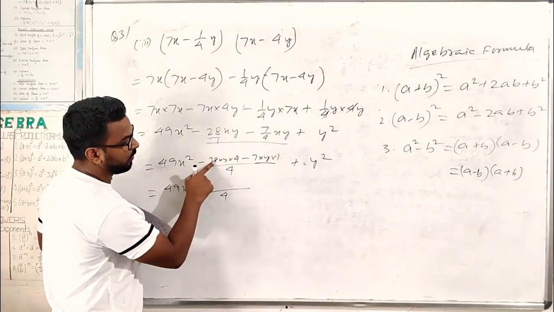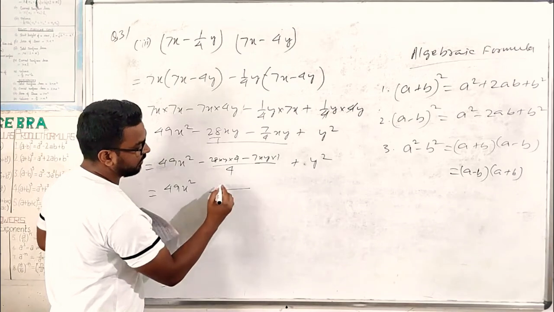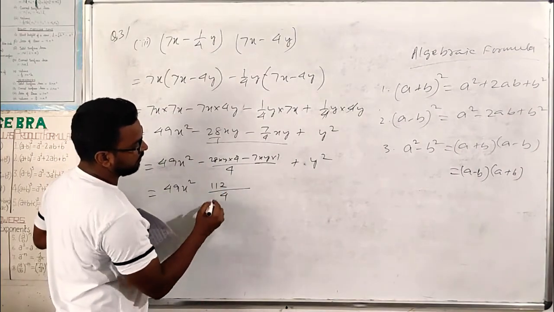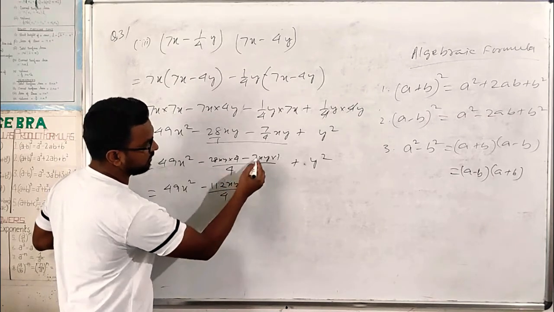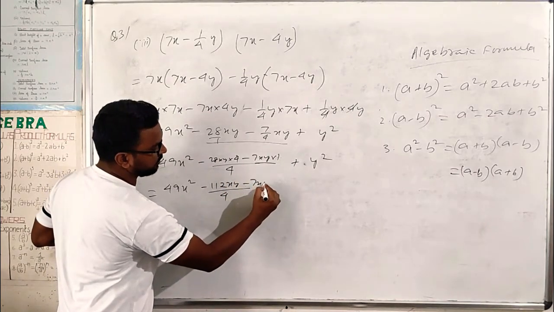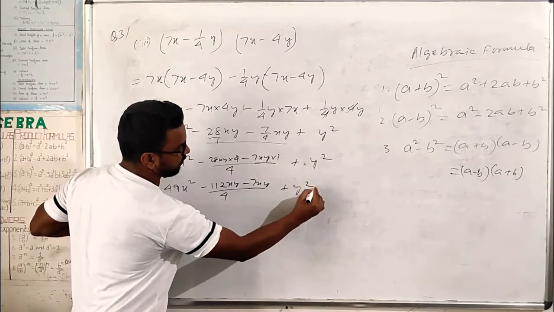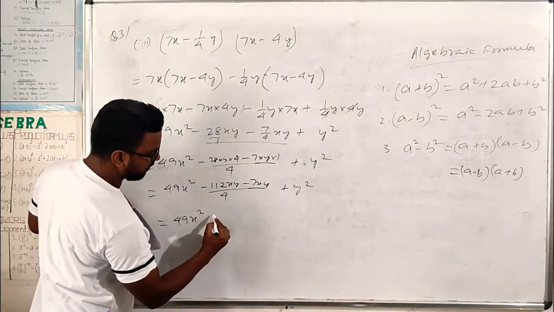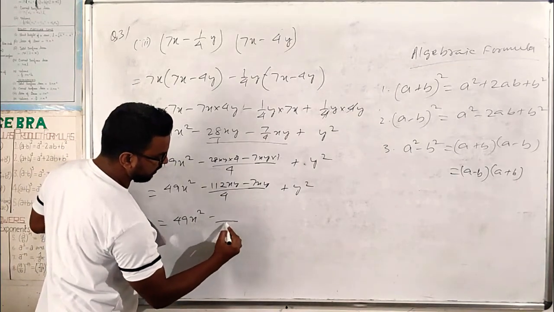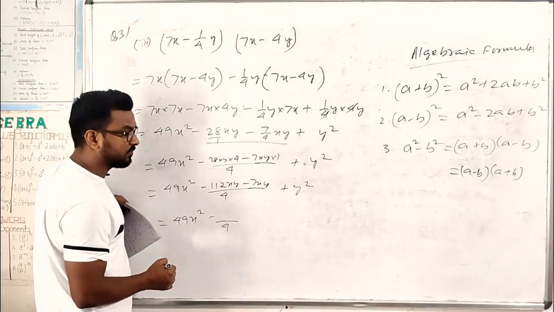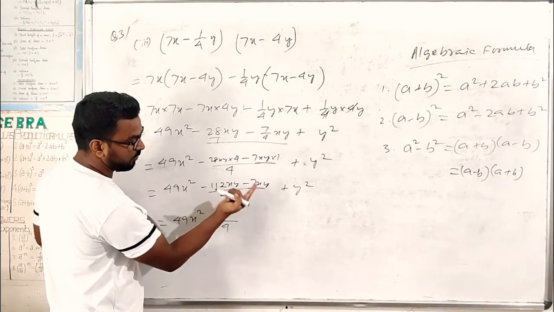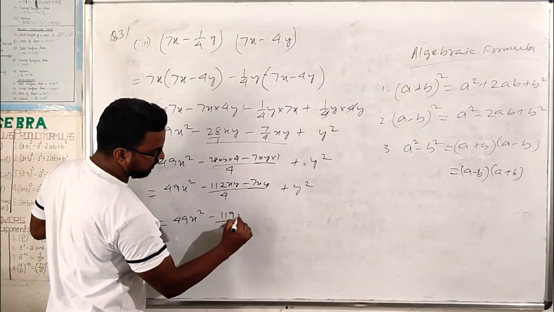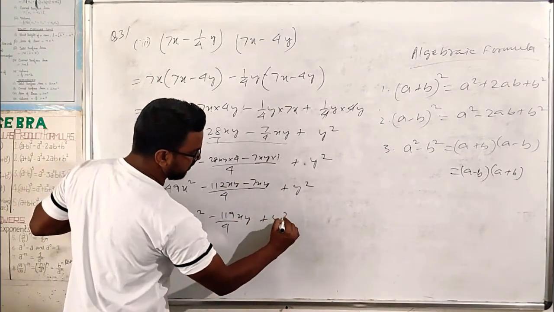So if you multiply 28 into 4, you will get 4 8s are 32. This will be 8 9 10 11. Okay, xy. This is minus here, minus 7xy plus y square. Fine. So this will be 49x square. This will be, both are minus, it will be minus sign, and denominator, that is LCM is 4. If you add minus minus it will be plus, so 112 plus 7 is 119 xy plus y square.